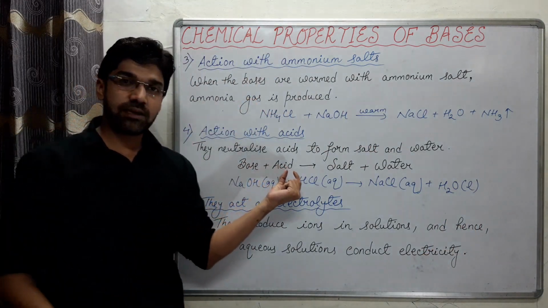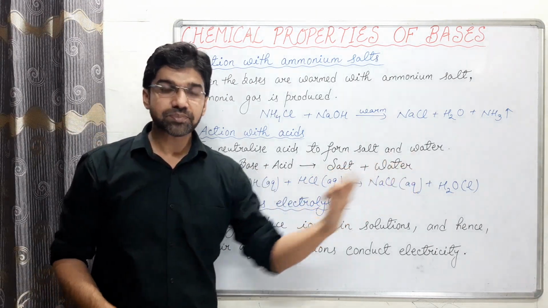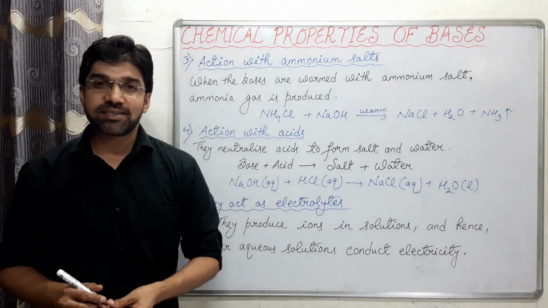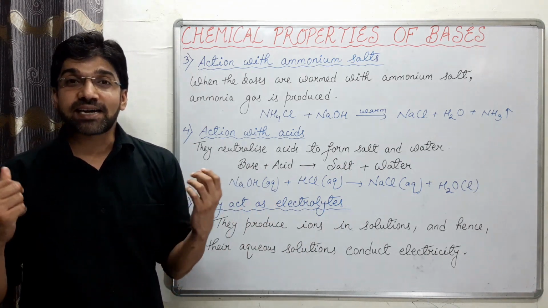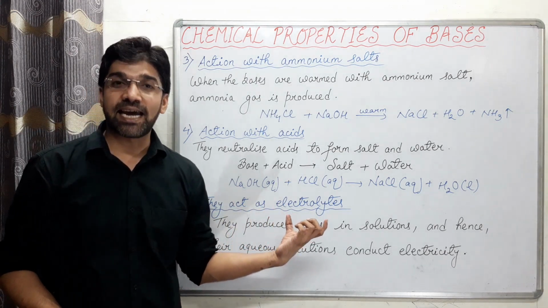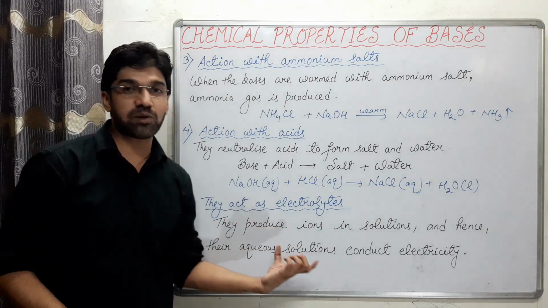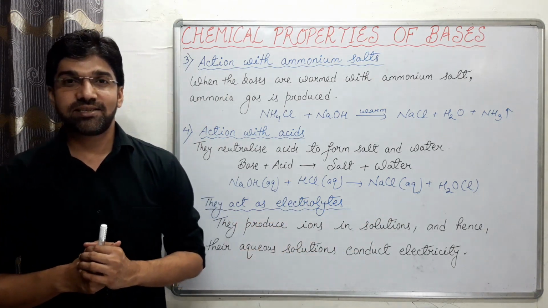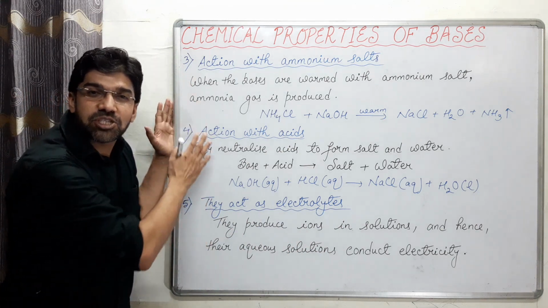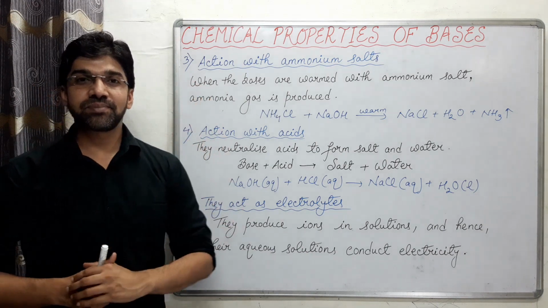So acid reacts with the base to form salt and water. Now the last property, they act as electrolytes. That means they can conduct electricity. They produce ions, cations and anions in the solution, and hence their aqueous solutions conduct electricity. So that's about the main chemical properties of bases along with examples.